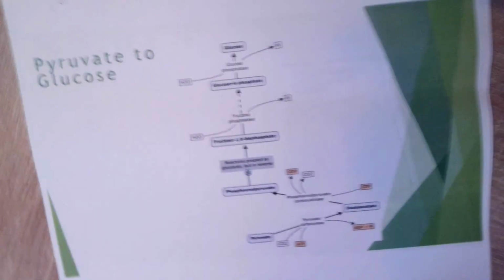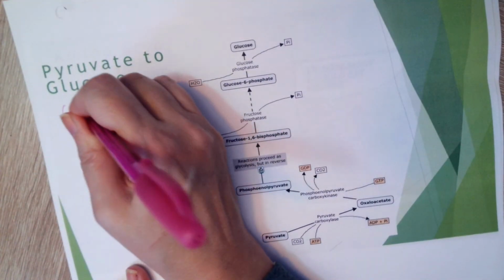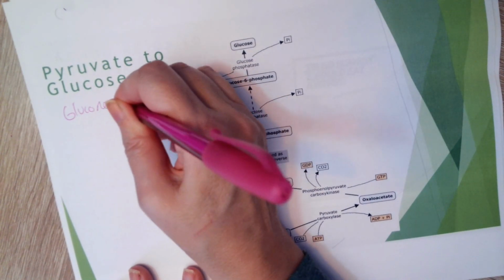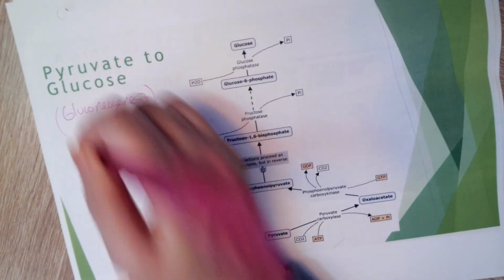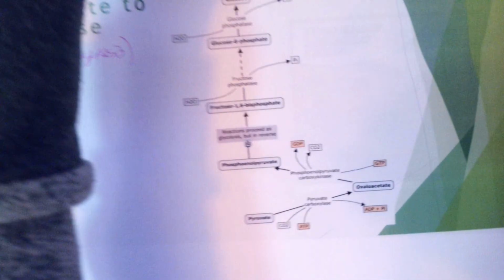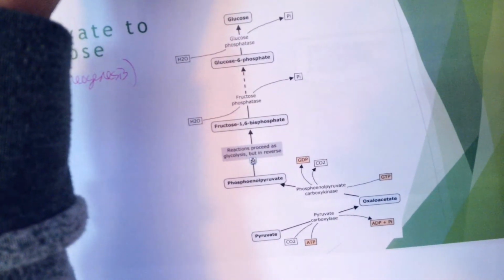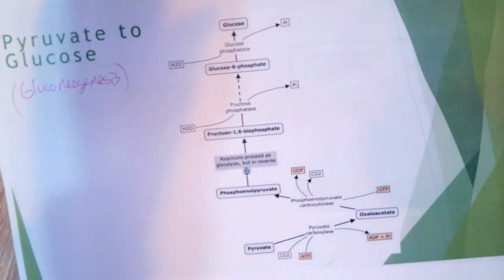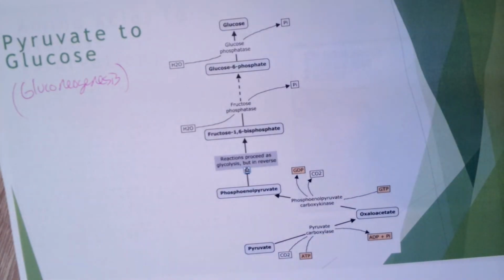Now for pyruvate to glucose, this is gluconeogenesis. So we've seen this before, so we don't need to spend a lot of time on this. It's really essentially glycolysis backwards, because glycolysis is in most stages reversible. So that's really all you're doing.